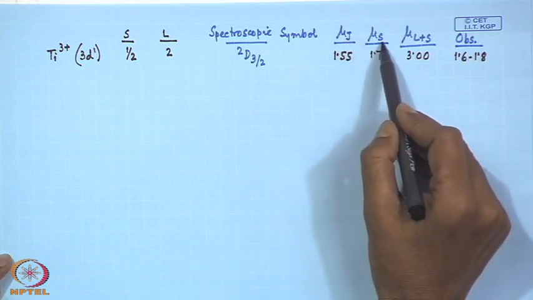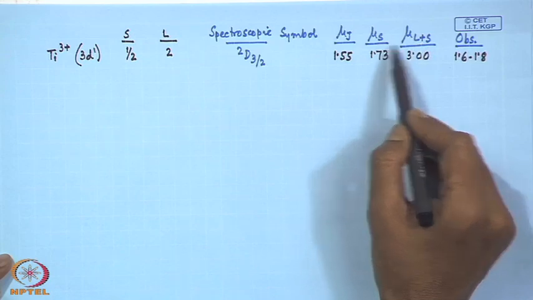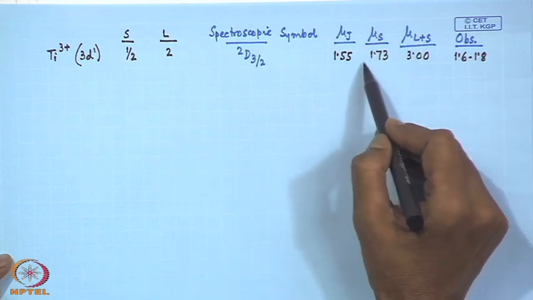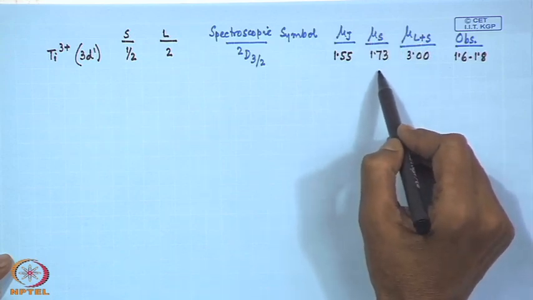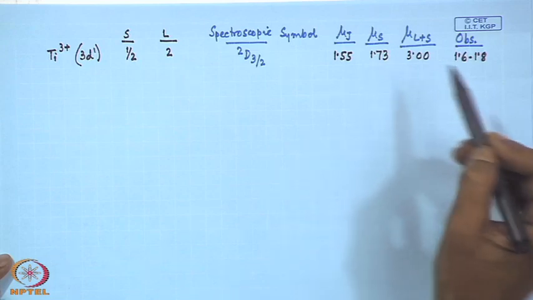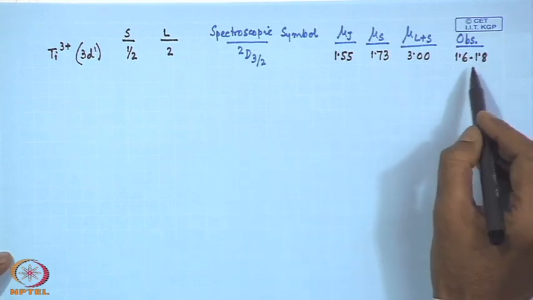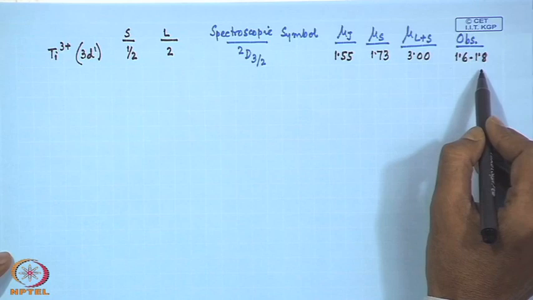If we consider that there is no orbital contribution, then mu S is the good equation to determine the magnetic moment equal to 1.73, and in fact experimentally determined values are close to this value.